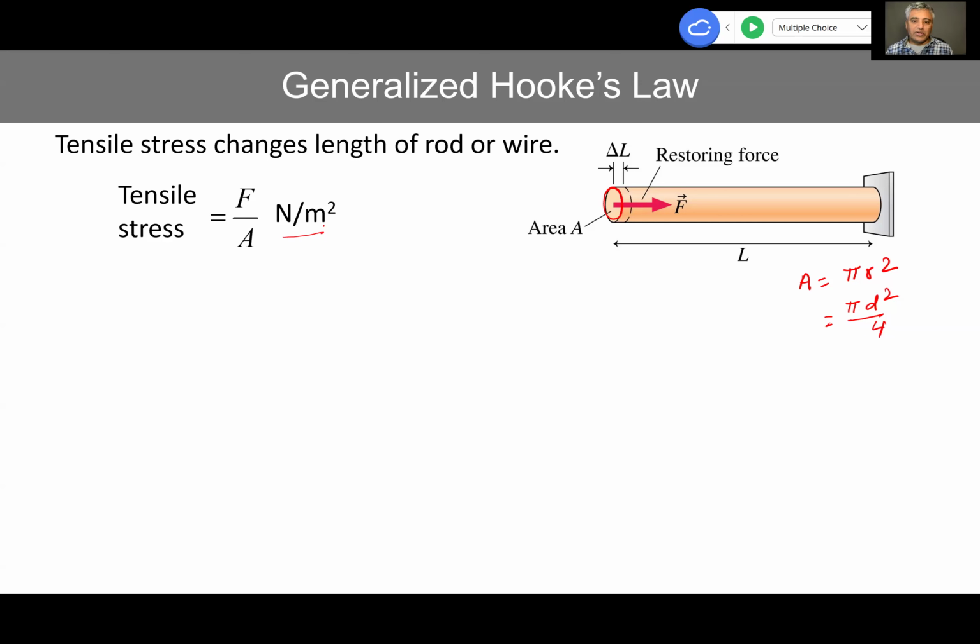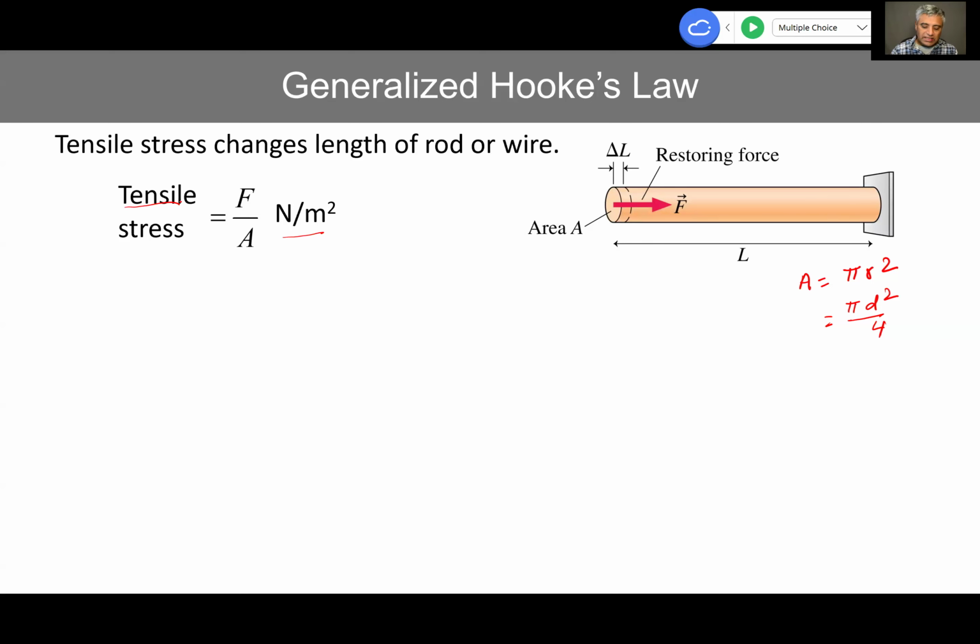Sometimes we may be pushing something and the object gets tilted. That's a different kind of stress. But in this case, we're going to focus on only one stress. If you are interested in the other kinds of stresses, please take a look at the book. Here I'll be talking about just one kind of stress, which is tensile. And what is that? The stress that usually applies to a rod kind of structure.